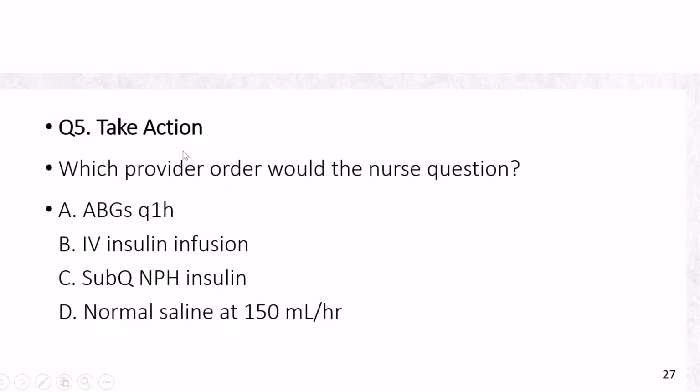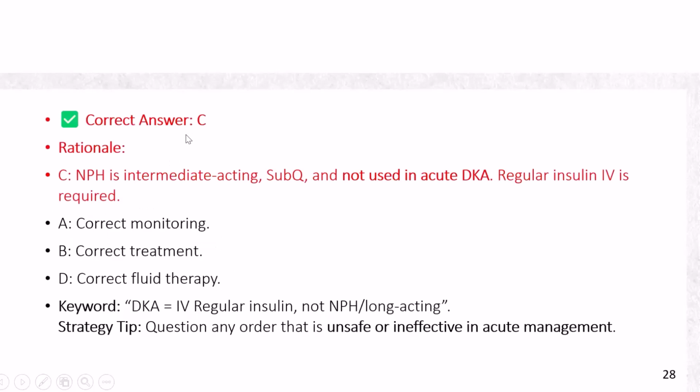So we still have to think through this. And the answer is C. C, because NPH is intermediate acting subcutaneous insulin. But your client has an acute issue with the blood sugar shooting up. So we have to give IV.